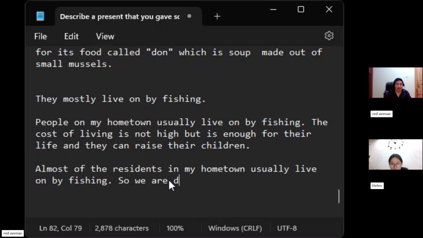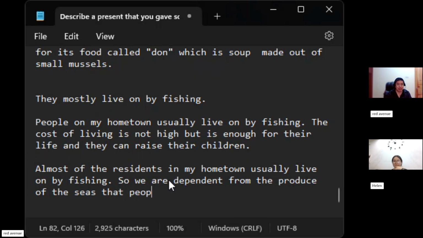So let's say, we are dependent on the produce of the seas all year round.